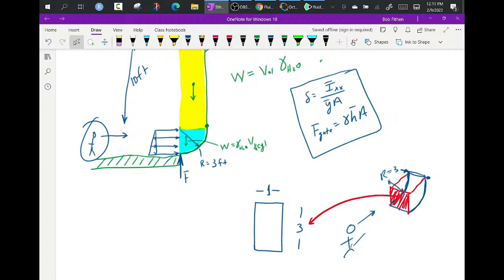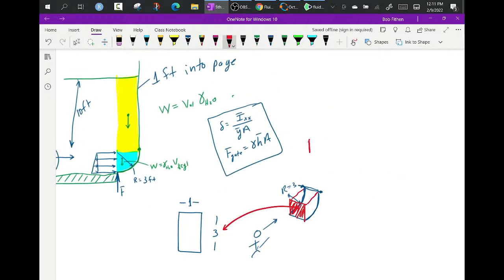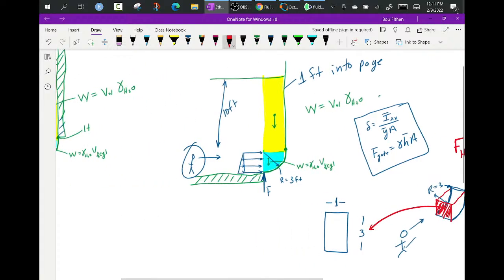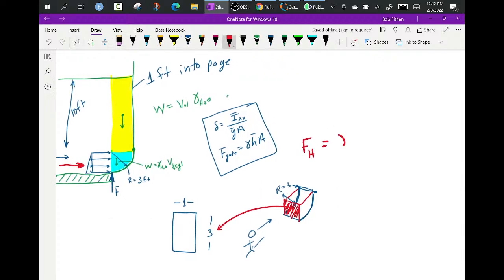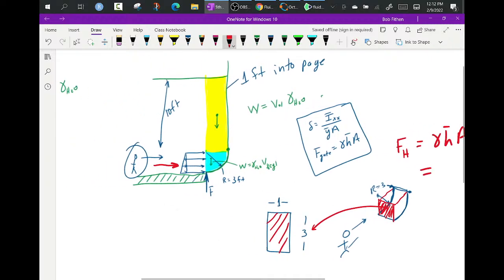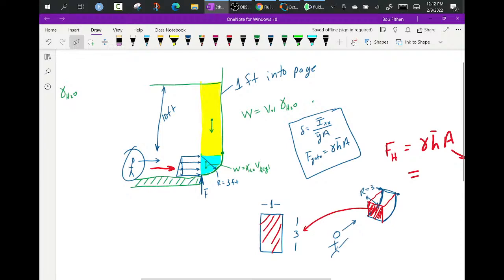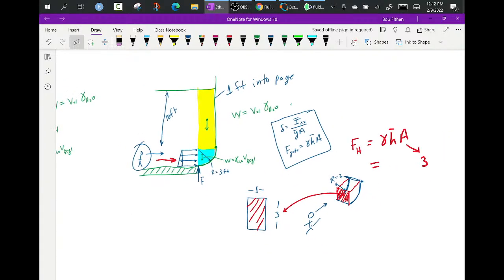So now, when he sees this, he recognizes that the horizontal force on this gate, the force going that way, not the vertical, but the horizontal, or I could say the x component, is equal to gamma h bar a. Well, the a he sees is 3 by 1. He sees h bar. What is the distance down to the centroid of this gate? Now he's underwater, and what he sees is this.